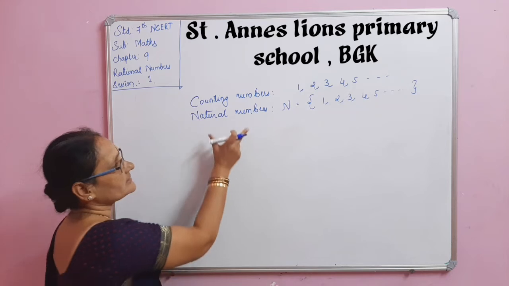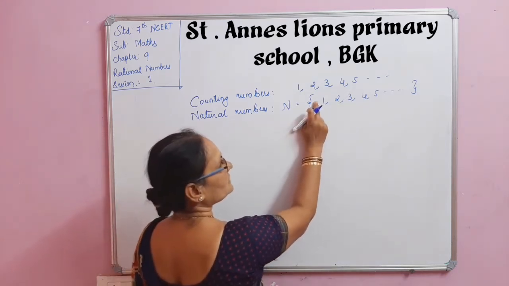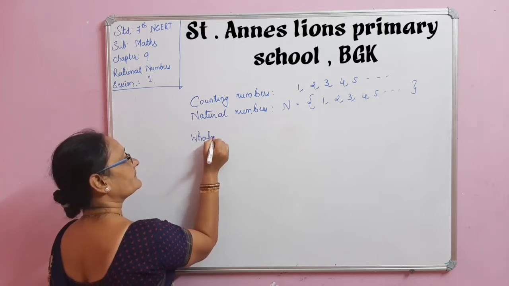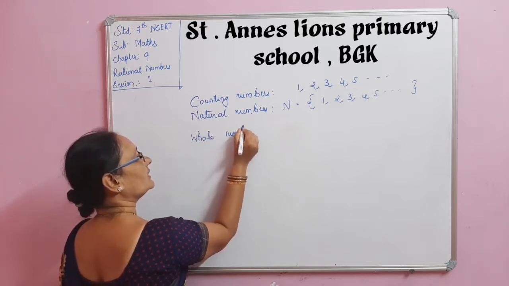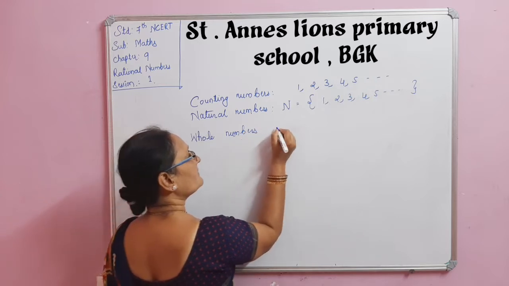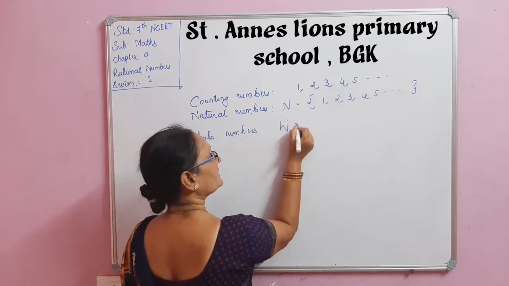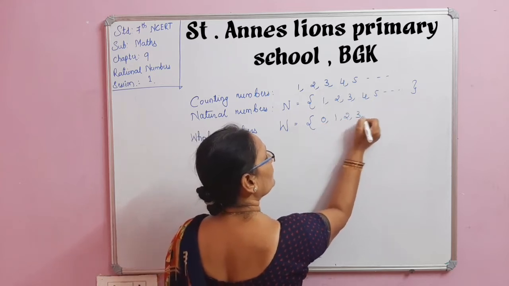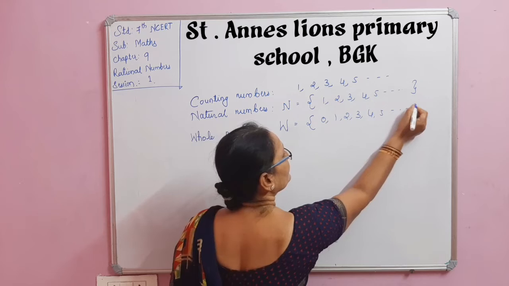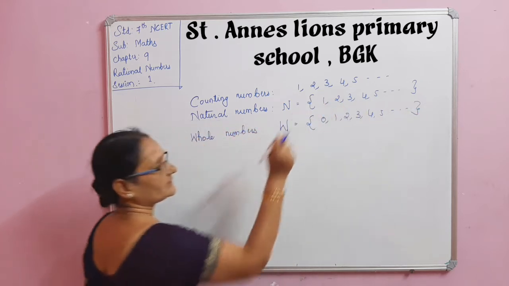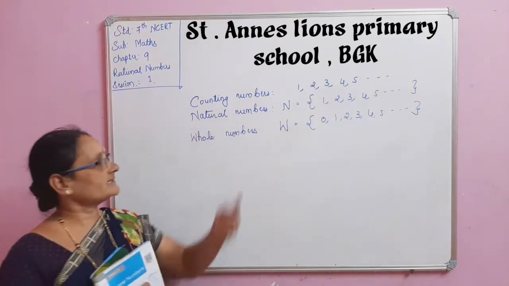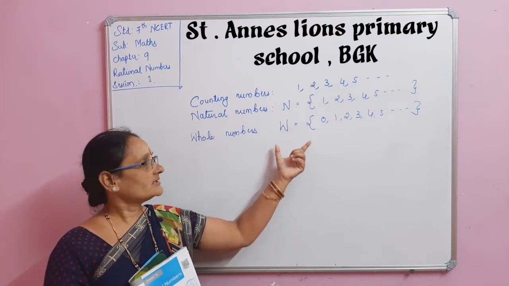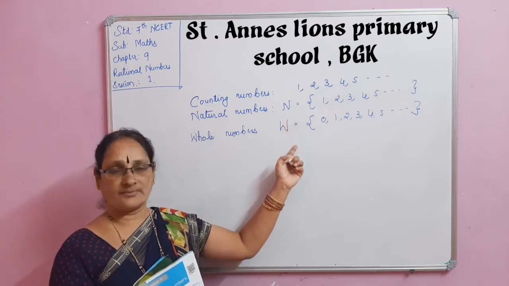When 0 is added to this natural number set, they are called whole numbers. The whole number is denoted by the letter W, and this is the set of whole numbers. How is the whole number set formed? When 0 is added to the set of the natural numbers, that set is called a whole number set. This is what the natural number set and whole number set are.